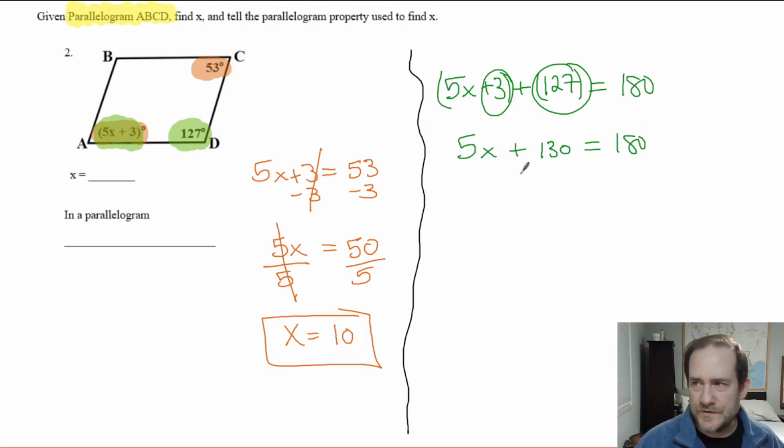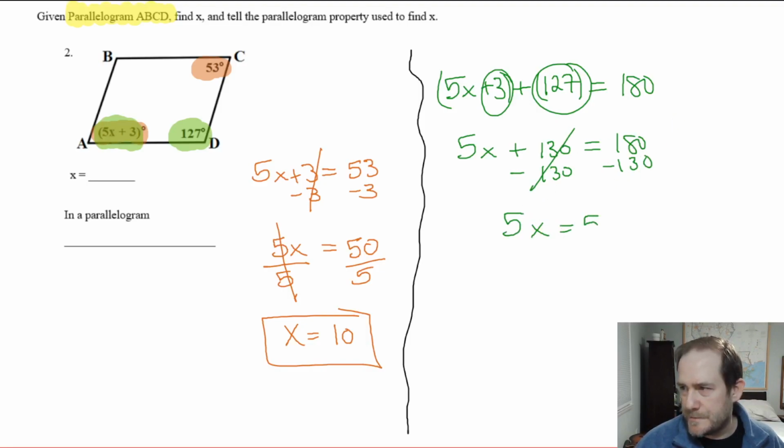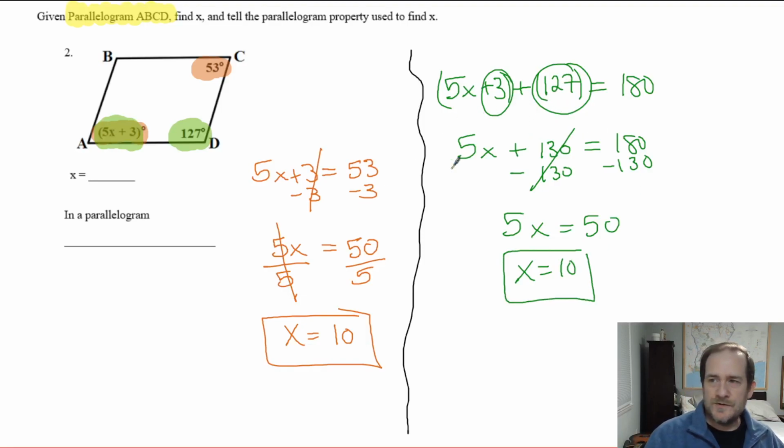So now I can start doing algebra. I'll subtract 130 from both sides to get a 5x that equals 50. And then we're right back where we are over here in orange. If I divide both sides now by 5, I get 10. So you can see that truly, either way we chose to set this up, we get the same answer. And that answer is that x equals 10.